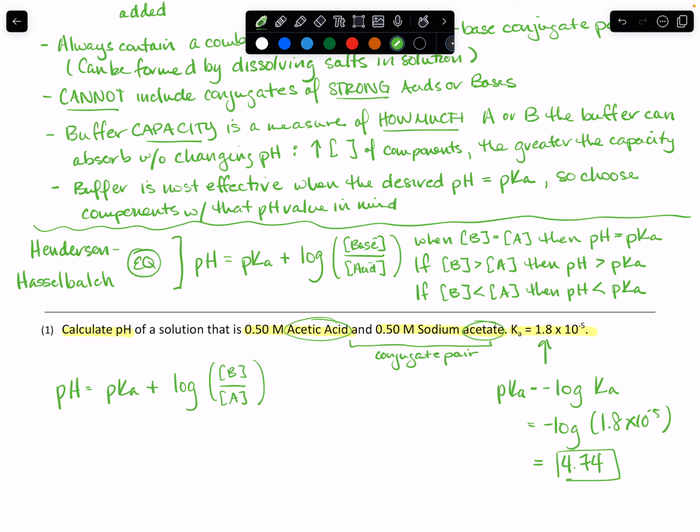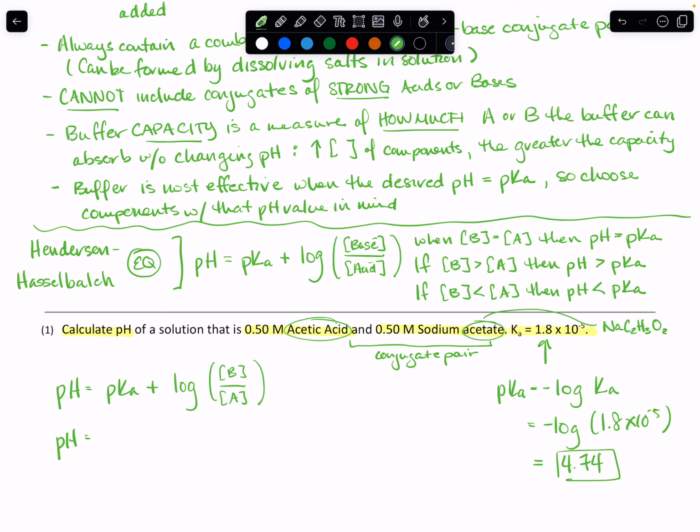So there's my pKa. For my concentrations, my concentration of acetic acid is given. Sodium acetate has a formula of NaC2H3O2. So you can see from the formula, there's one ion of acetate per molecule of sodium acetate. So if I have a 0.5 molar sodium acetate, then I have 0.5 molar acetate.